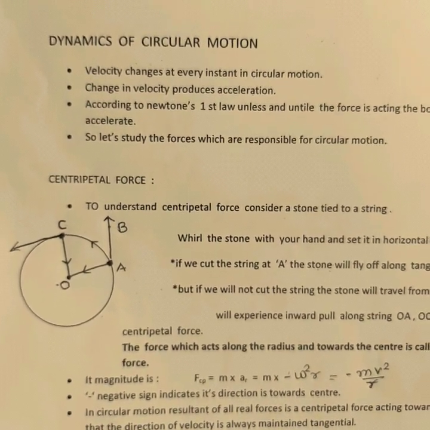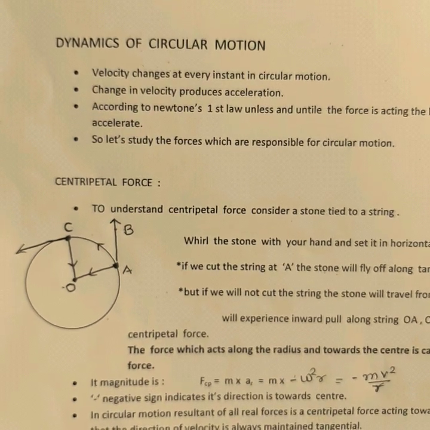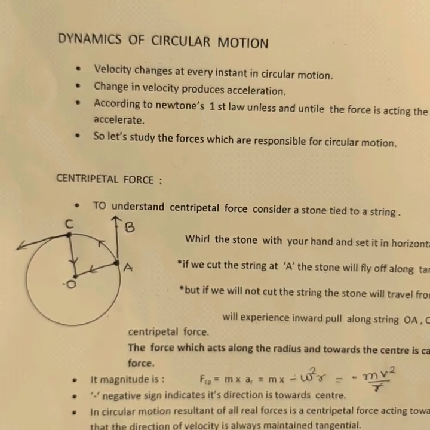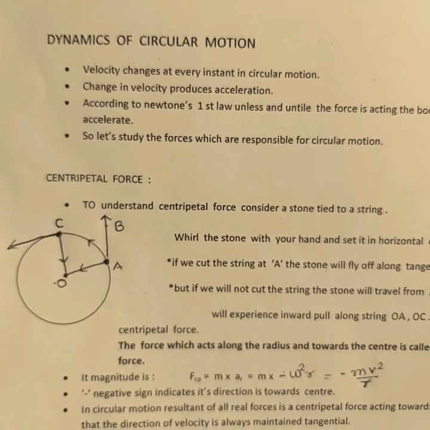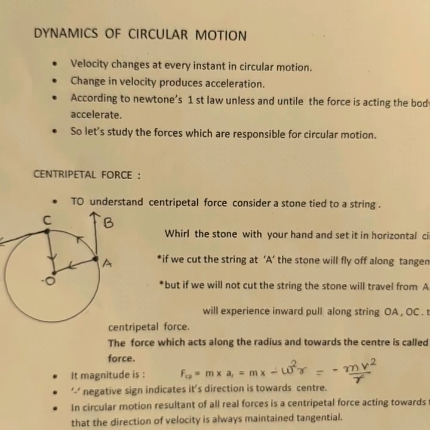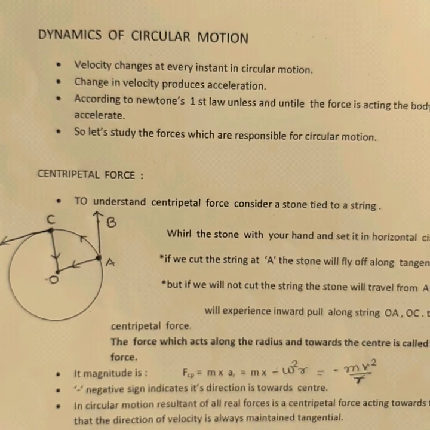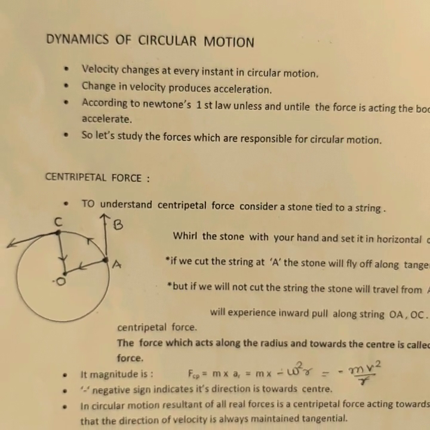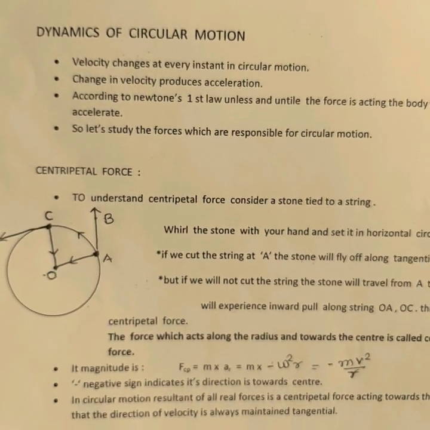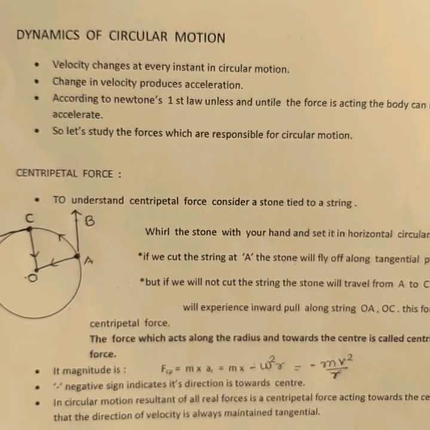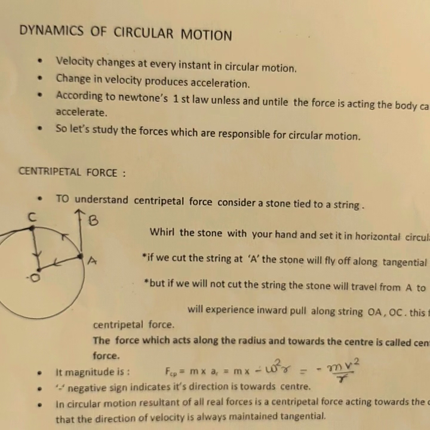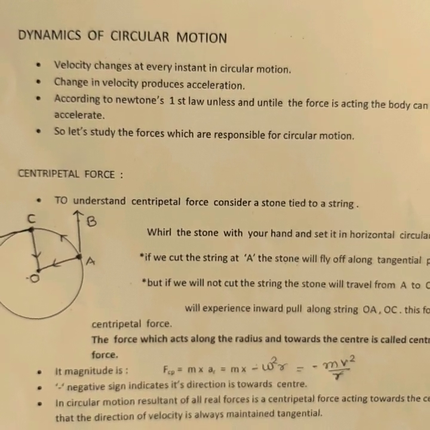a particular motion. So we know that velocity changes at every instant in circular motion. Change in velocity produces acceleration, and according to Newton's first law, unless a force is acting on the body, it cannot accelerate.